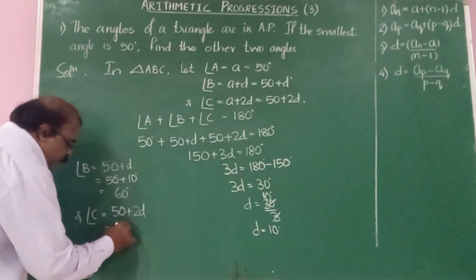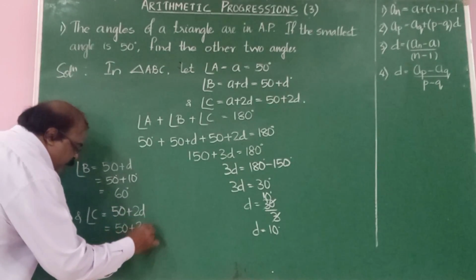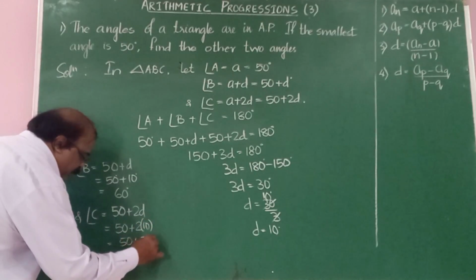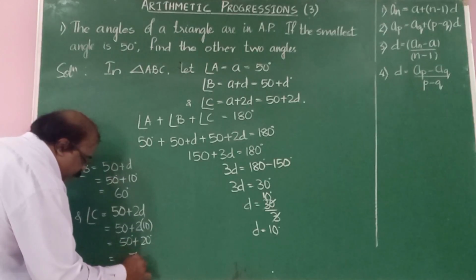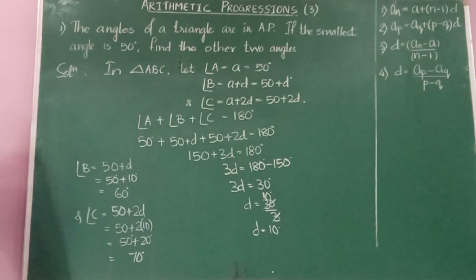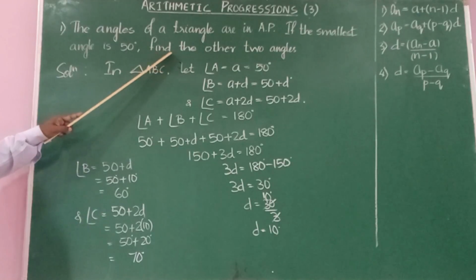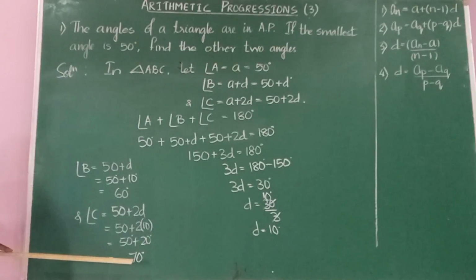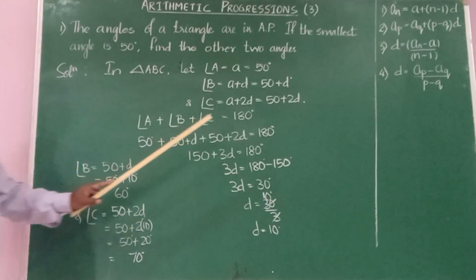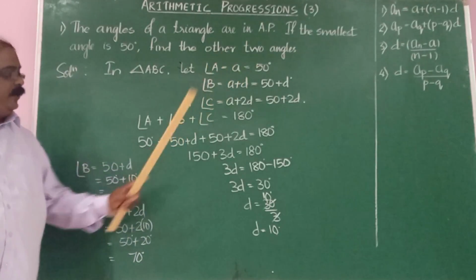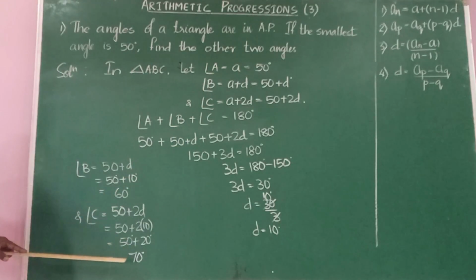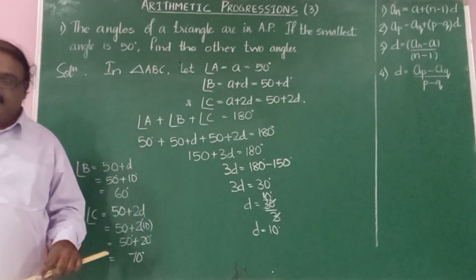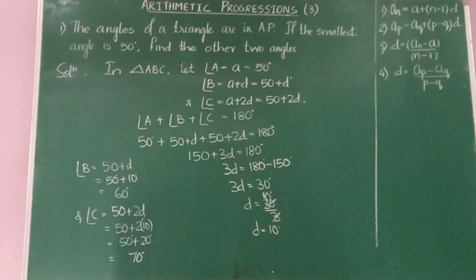What is 50 plus 2d? 50 plus 2 into 10. That is 50 plus 20, 70 degrees. So I have come to the solution that the other two angles are 60 and 70. Let me check. The sum total of the three angles, 50 plus 60 plus 70, which you know is equal to 180 degrees.